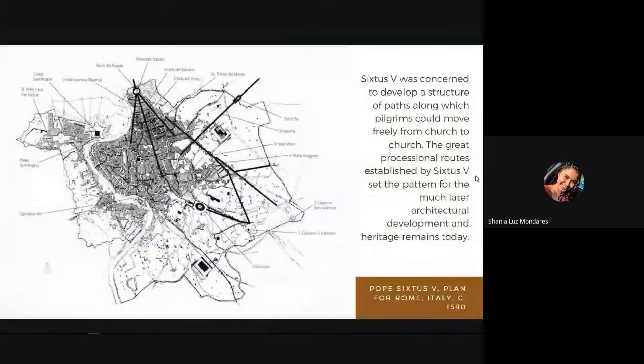Okay, sir. The second example that was mentioned was the Plan of Paris by Georges-Eugène Haussmann. This plan was mainly concerned about the rapid movement of troops in order to keep order in the city.